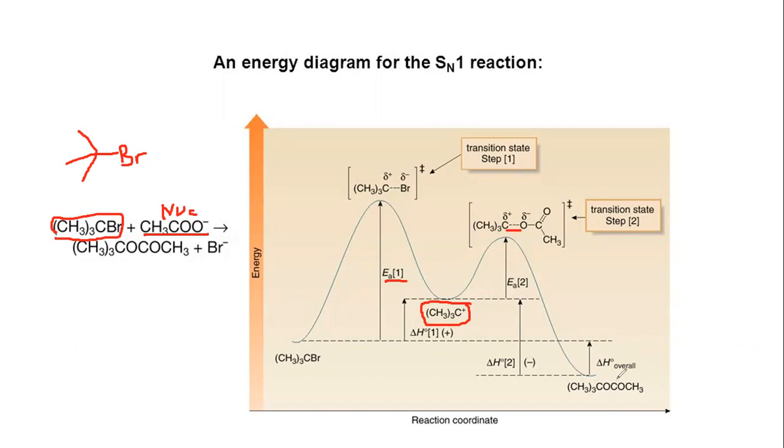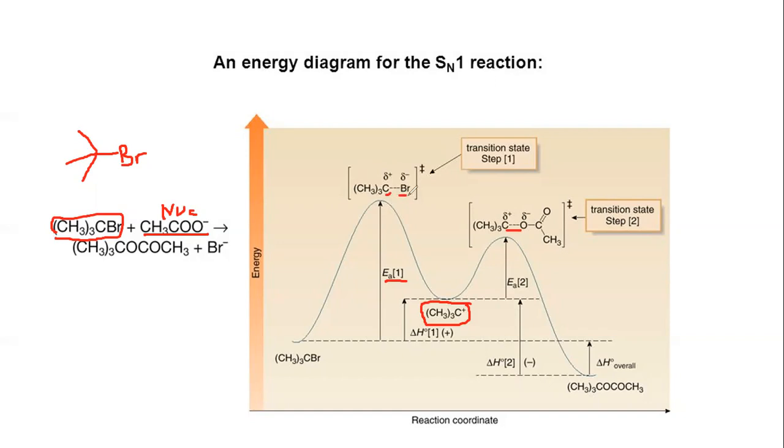Now for SN1 and SN2 reactions, these are generally going to be exothermic reactions. And the reason they're going to be exothermic is because the carbon-bromine bond is, I would say, a non-polar bond. If it had any polarity, it's very little.